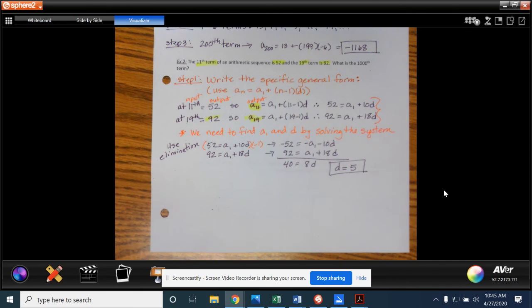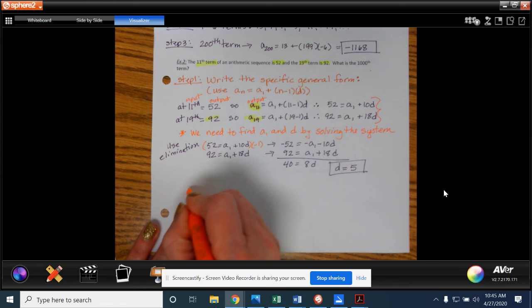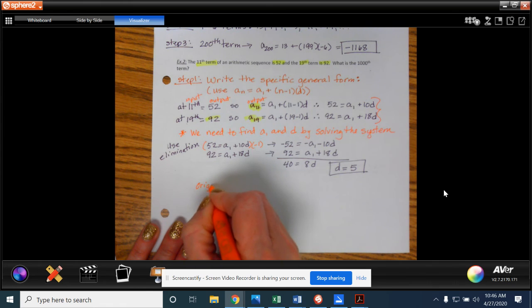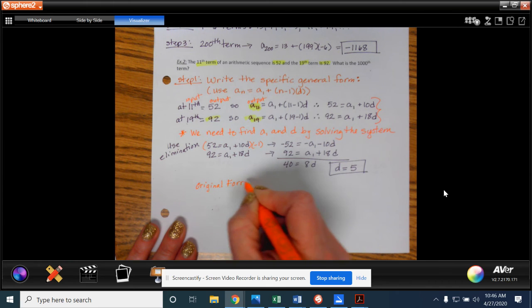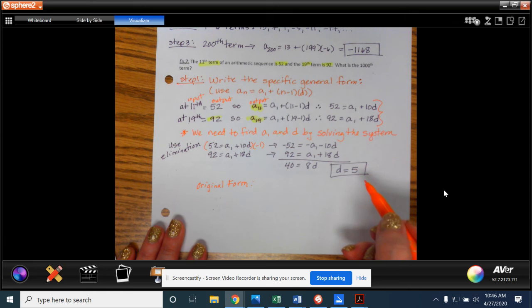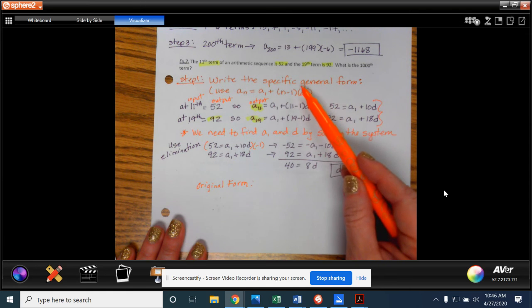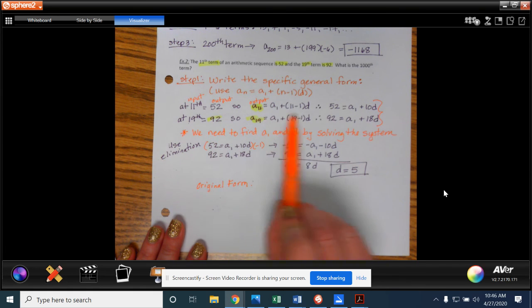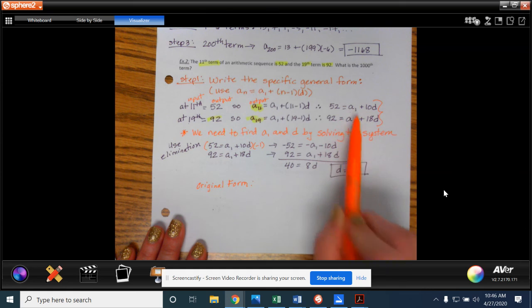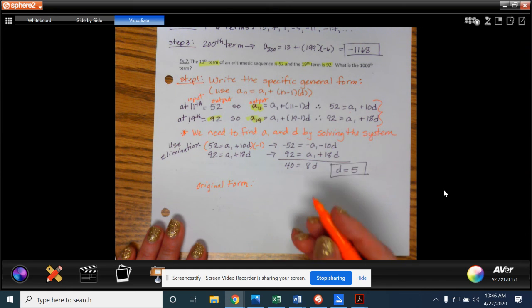I needed my d. Let's go back to the original form. So the original form would be plugging in to one of these two. I'm going to pick the 52 because it's a smaller number.